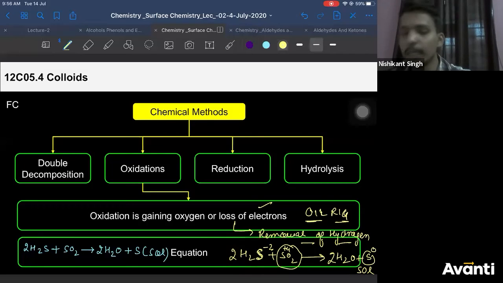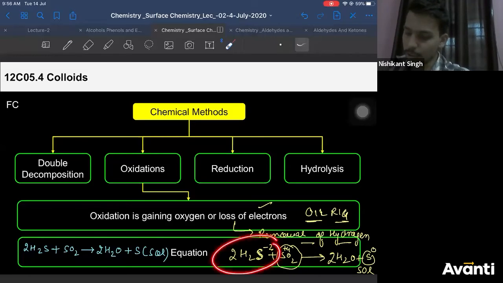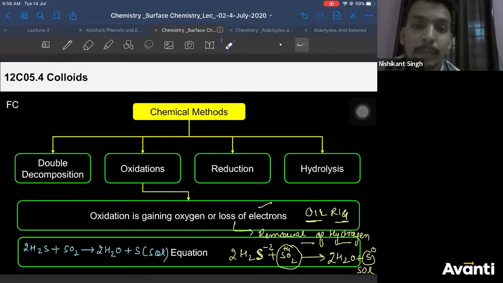But you can consider it in both the cases. That is fine. But usually textbooks refer to it as oxidation of H2S to sulfur, oxidation of sulfide to sulfur, right? All right, so I hope you have taken the example.